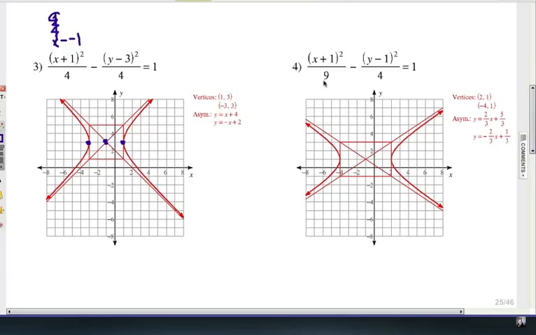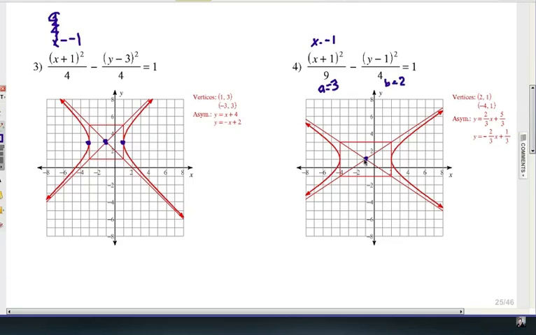Number 4, this is x minus negative 1, so you're centered at (negative 1, positive 1). This gives you an a value of 3 and a b value of 2.